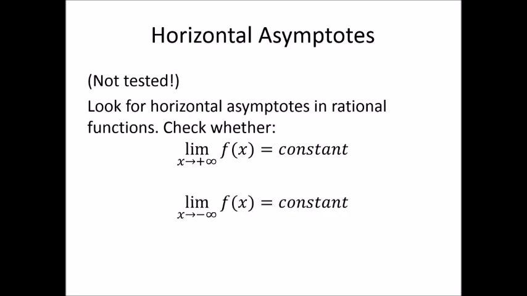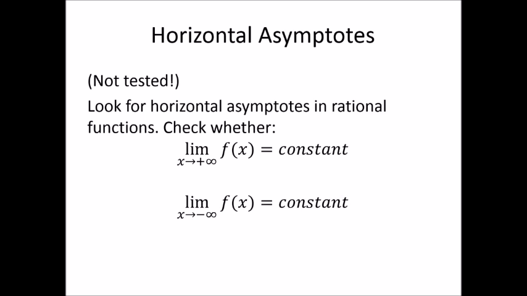So here's how you check for horizontal asymptotes. You look in rational functions for whether or not there is a horizontal asymptote. There will be a horizontal asymptote if it approaches a constant as the value of x goes to positive infinity, and/or it goes to a constant as x approaches negative infinity.